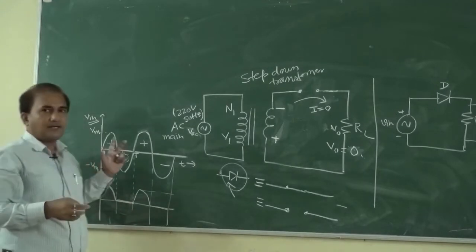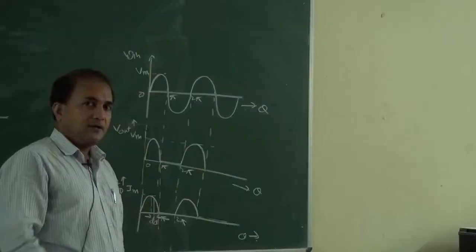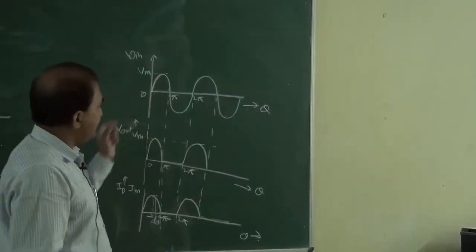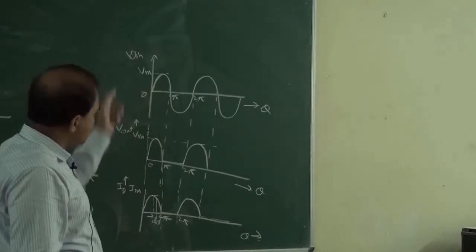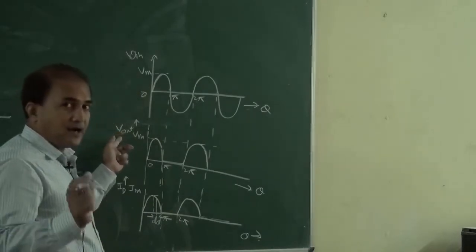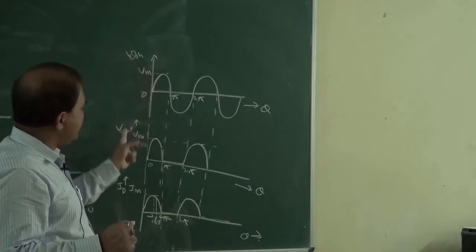So this is the working of a half wave rectifier circuit. Okay. Now see, in this figure, this is the input versus output of a half wave rectifier. See, this is Vm, this is Vin, and this is Vout.